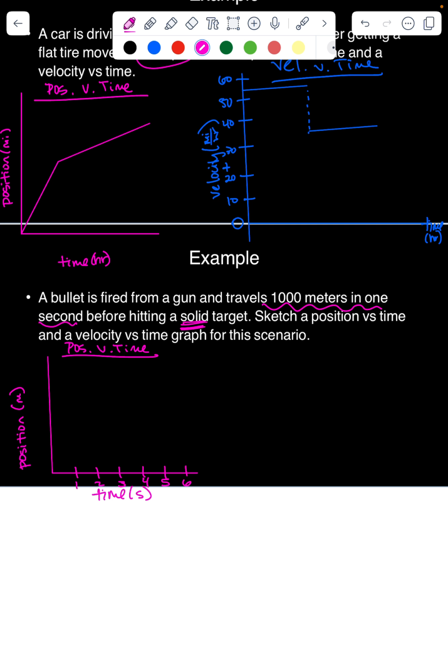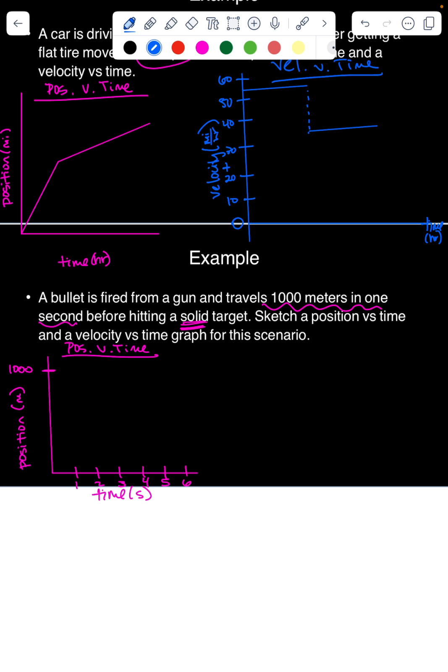All right, now really the only thing that I gave you was that it traveled 1,000 meters in 1 second. So I'm just going to put, there's not really a good scale for that. I'm just going to put 1,000 meters up here. So if it traveled 1,000 meters in 1 second, we are going to assume it was going in the positive direction and that it was constant velocity. So we would have a straight, nope, I'm doing the wrong one.